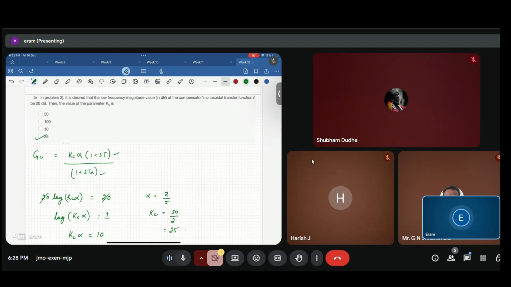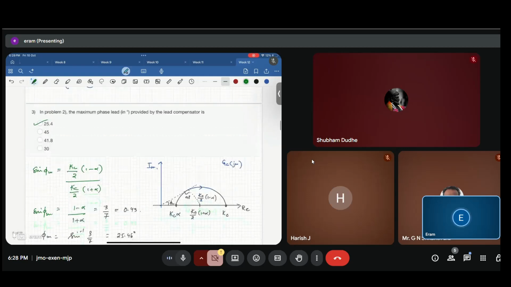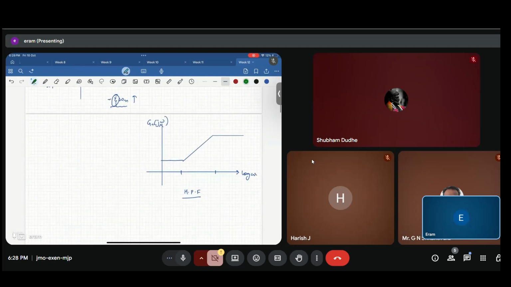If we had any pole or zero at the origin, the initial magnitude, that is the low frequency magnitude, would be provided by that slope also. But since we don't have any pole or zero, because we have already seen the Bode plot of lead compensator, this is a straight line at low frequency region.